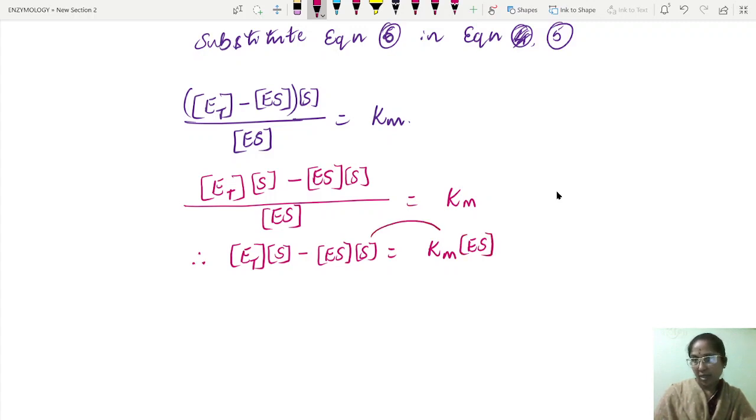So let us shift this value to this side. Therefore, Et into concentration of the substrate is equal to Km into ES plus ES into substrate concentration.